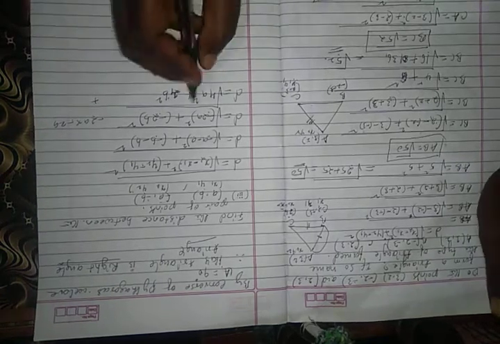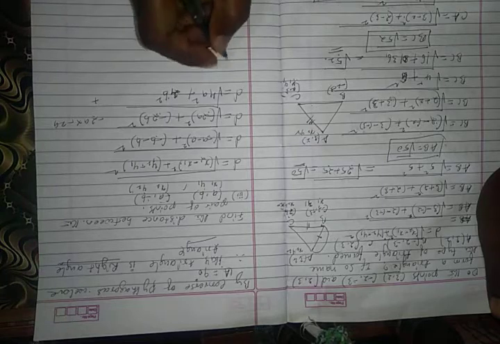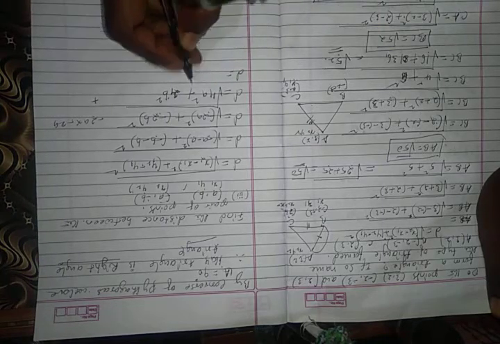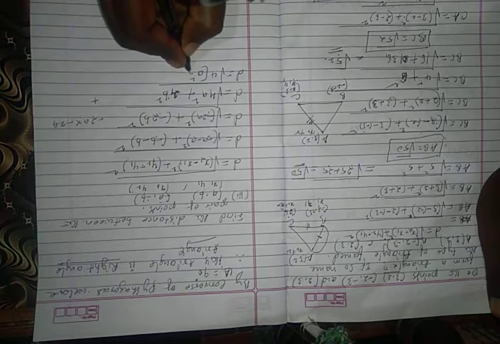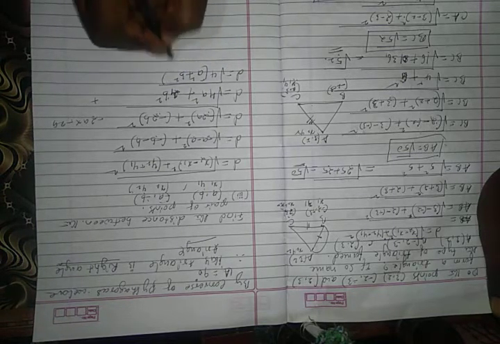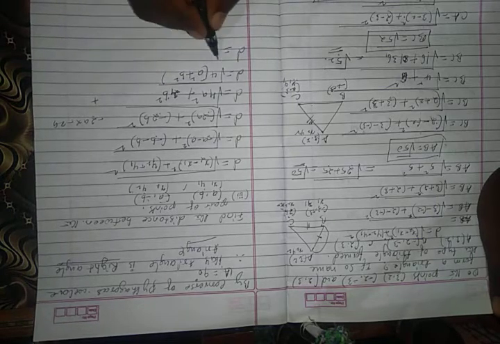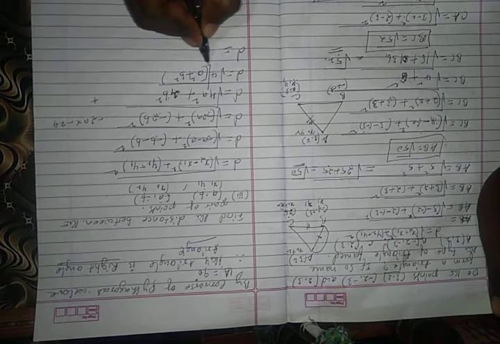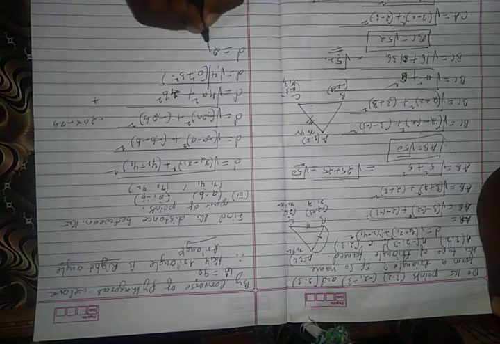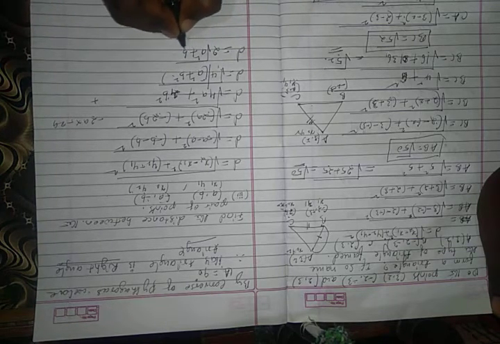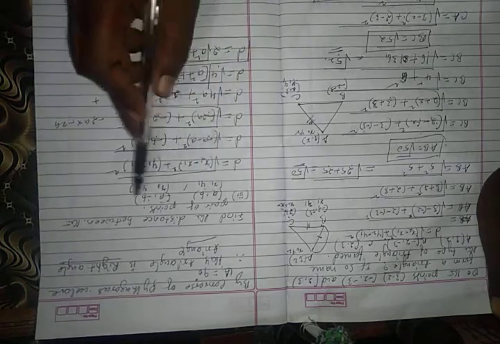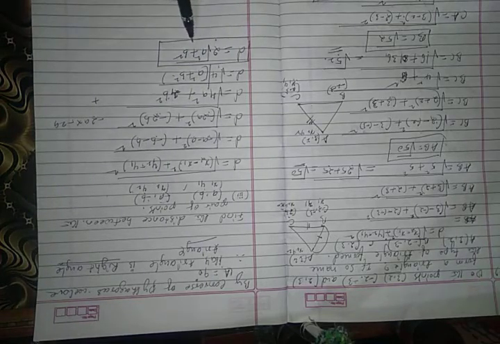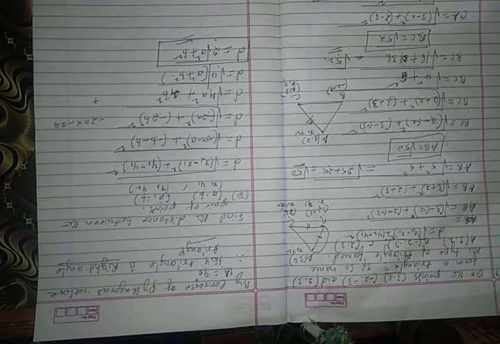Taking common factor 4, 4 times (a square plus b square). So d is equal to the square root of 4 times the square root of a square plus b square, and the square root of 4 is 2. So the distance between the points a, b and minus a, minus b is 2 square root of a square plus b square. The remaining two problems you have to do yourself. Very important chapter.